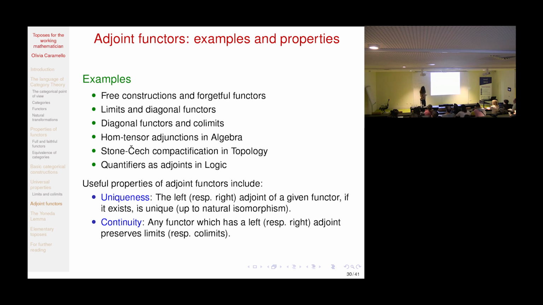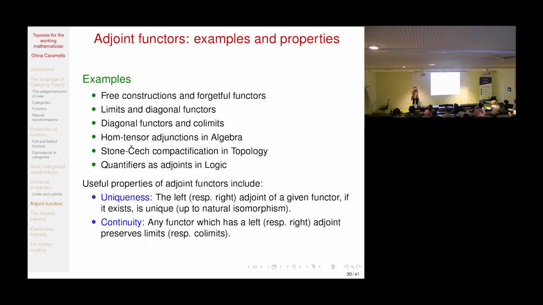Then, second example of the list. Well, limits and diagonal functors. Suppose that C is a category where limits of shape I, for instance, exist.